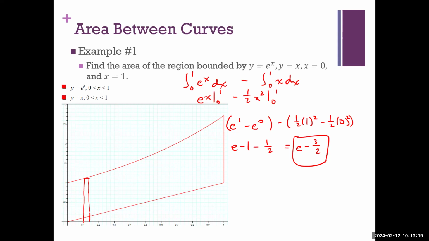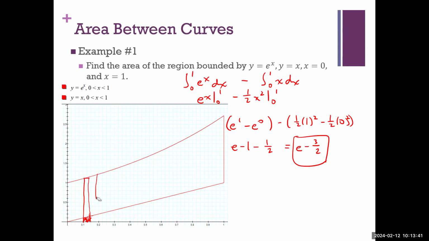We took a smaller rectangle that goes from the x-axis to that lower curve and found the difference between them. Do we agree with the way I'm explaining this so far?